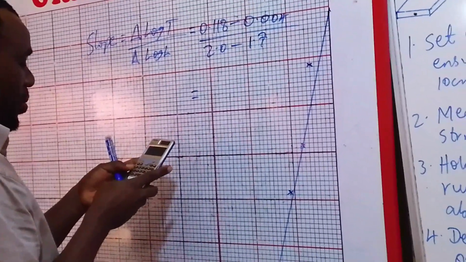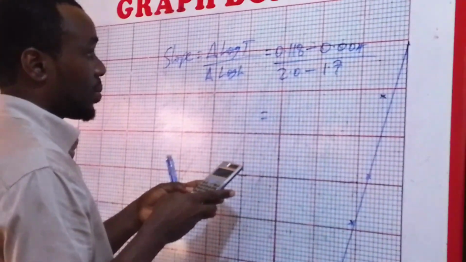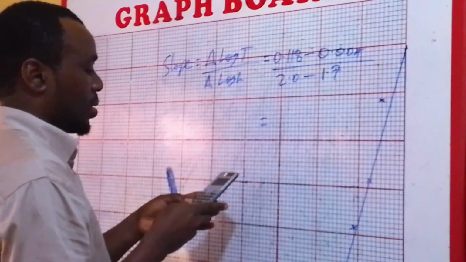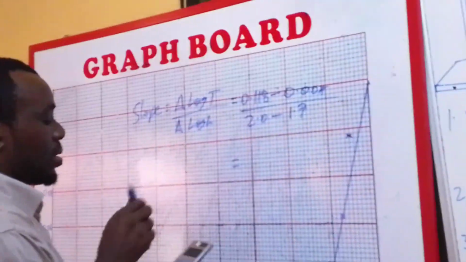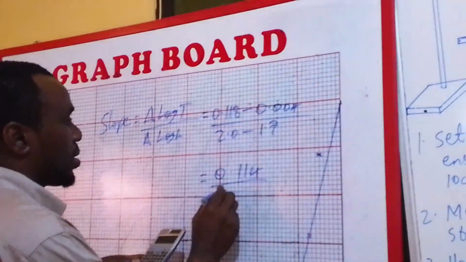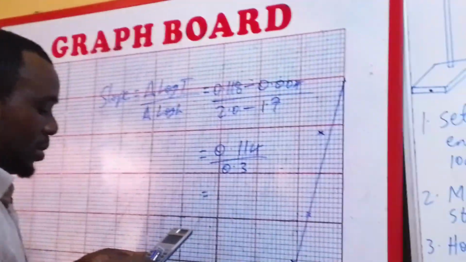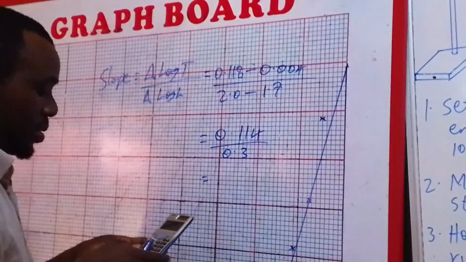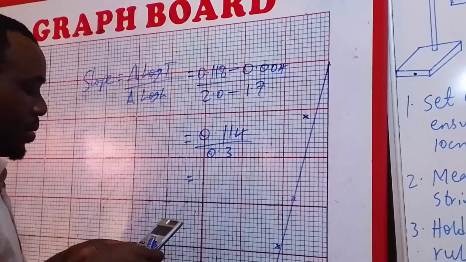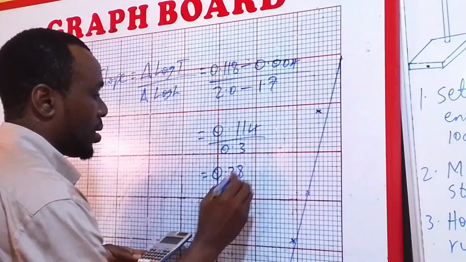So we evaluate. We have 0.118 minus 0.004. It gives us 0.114 over this, 0.3, divided by 0.3, that will give us 0.38.